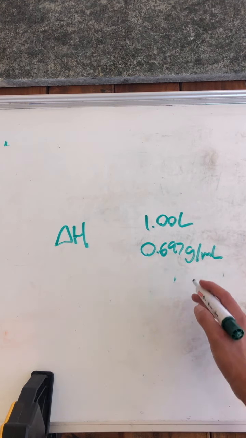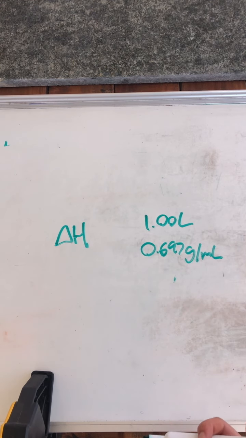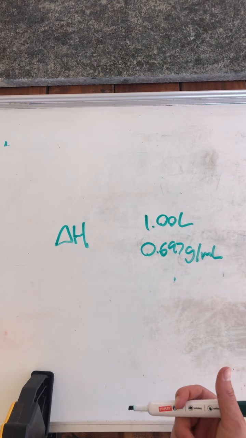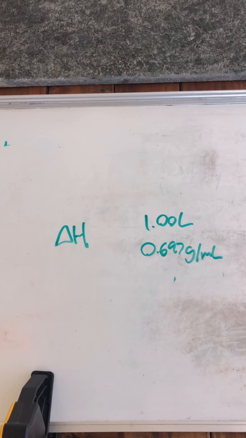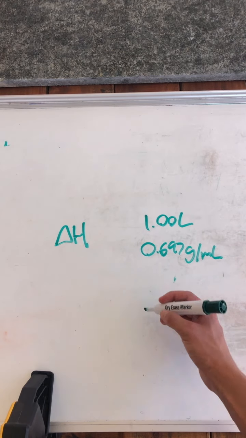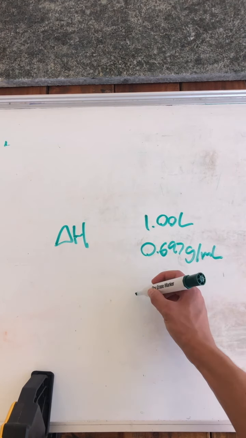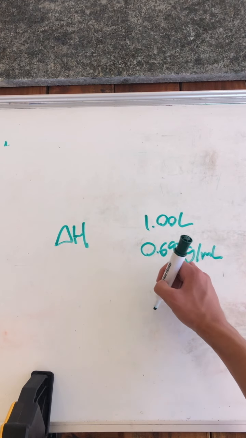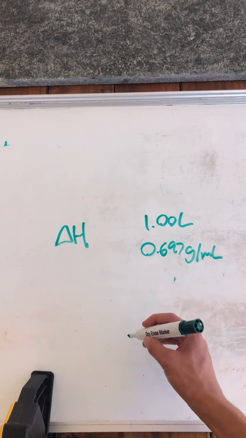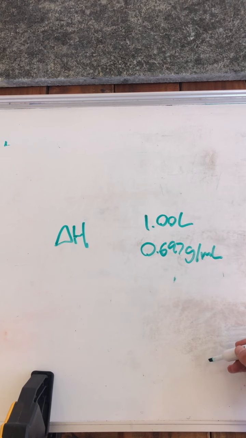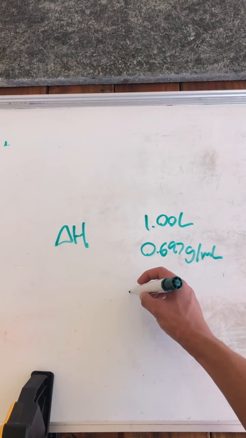All right. So, since the measurement for enthalpy of combustion requires moles, we're going to want to convert this into moles. Now, let's see. We have grams here, milliliters. We have 1 liter. So let's convert this into grams per liter. All right.